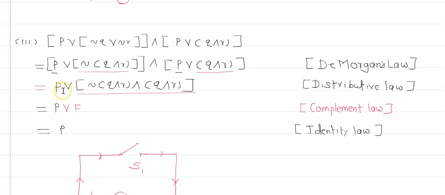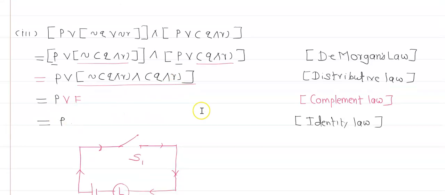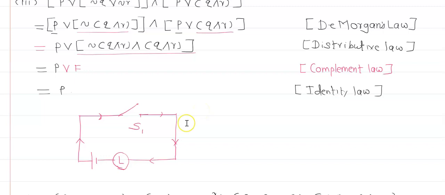Therefore, it is P or, in the next bracket, negation of Q and R, and Q and R. This is the distributive law. What is the value of this? By the complement law, it is F, because negation of Q and R and Q and R is F. Therefore, P or F is again P. Therefore, only switch S1 is required here.